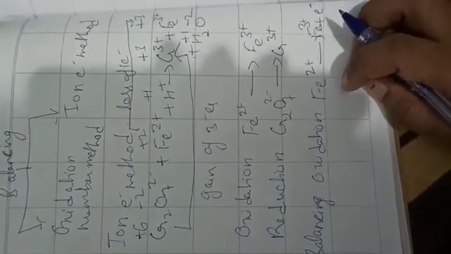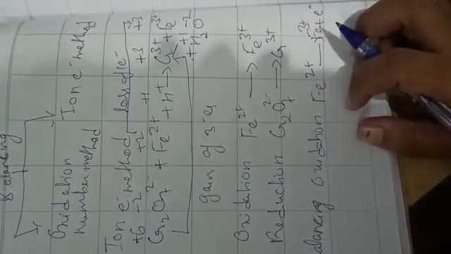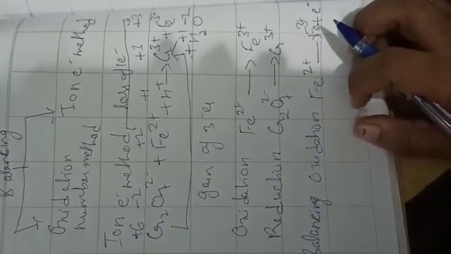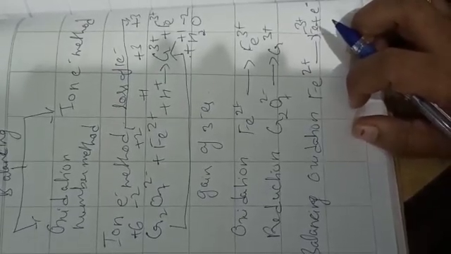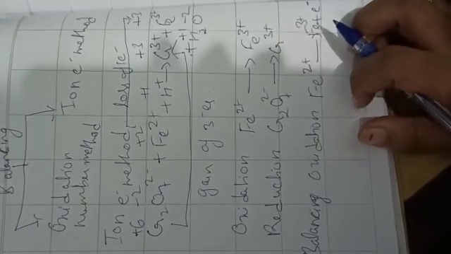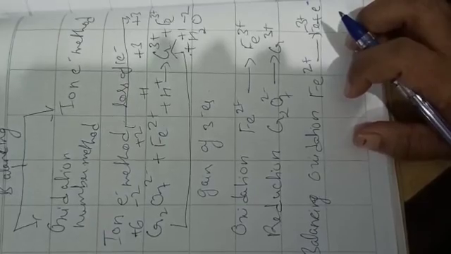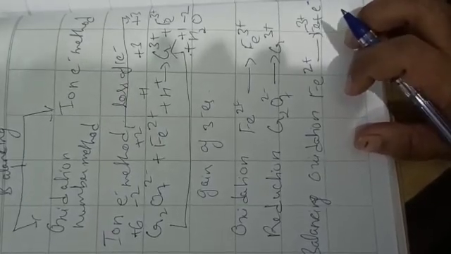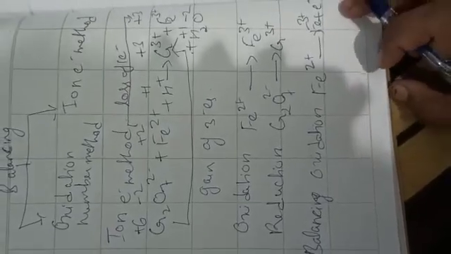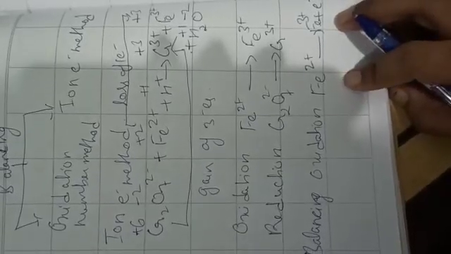Okay, so to balance, we first balance all the atoms other than hydrogen and oxygen in this step. Here you can see that there is iron. On the right hand side it has Fe3 positive ion, and on the left hand side it has +2 ion.